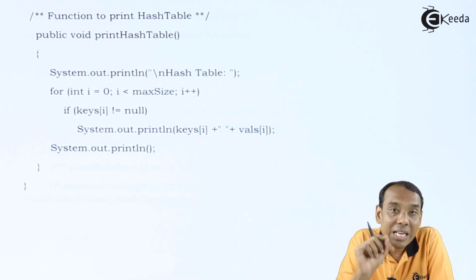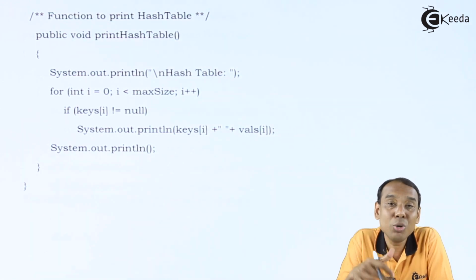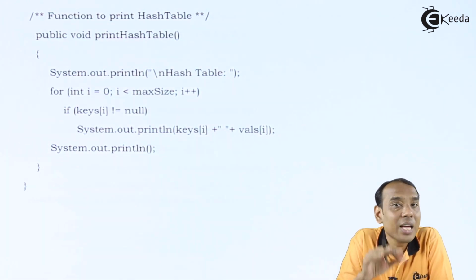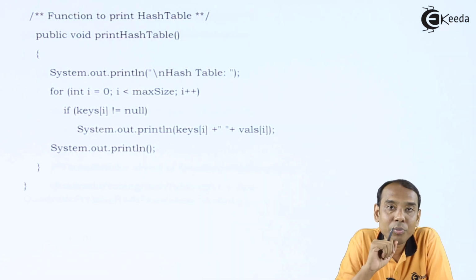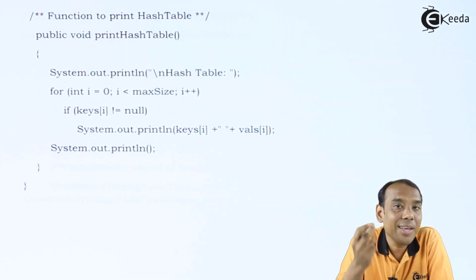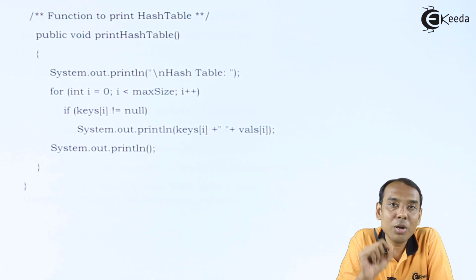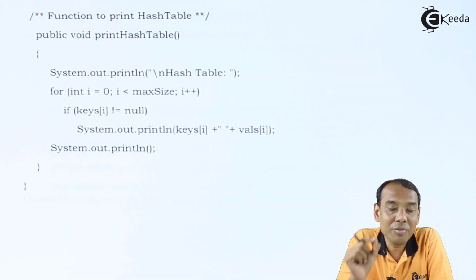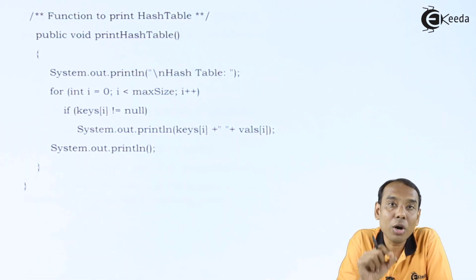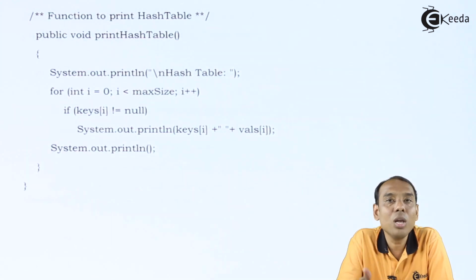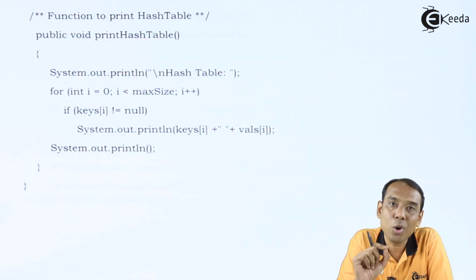In case keys[i] comes out to be null, it means the key is not present there, so you are not able to get the value. In a hash table we always have the key value pair, so we need to find out that the key is not equal to null.